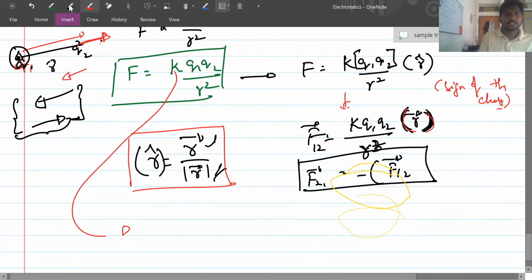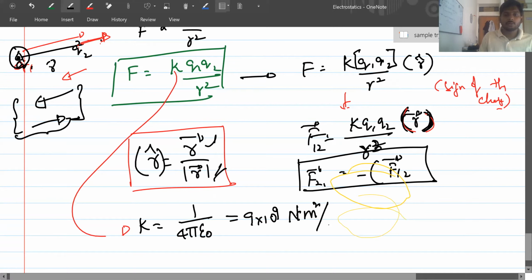Then here comes K. This K is equal to 1 by 4 pi epsilon naught. That constant is equal to 9 into 10 power 9 Newton meter square per Coulomb square.